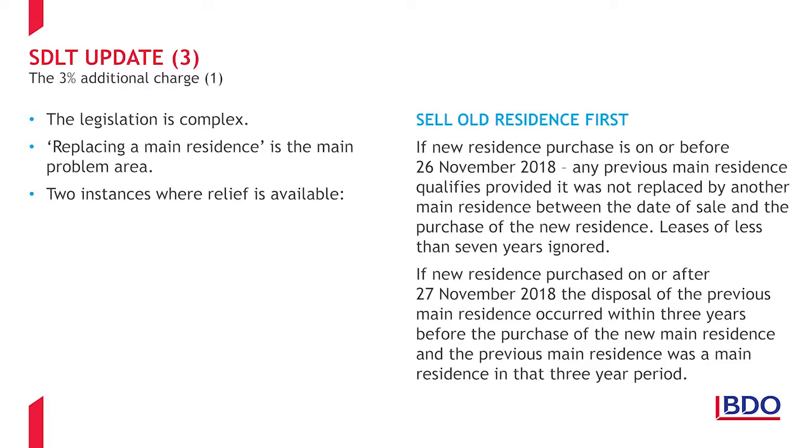Once we get past the 27th of November 2018, a disposal counts if it's the disposal of a previous main residence within 3 years before the purchase of the new main residence. And during that period, the old main residence was indeed used as a main residence by the individual.